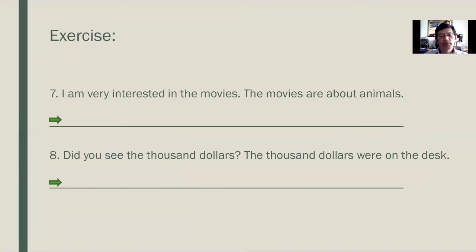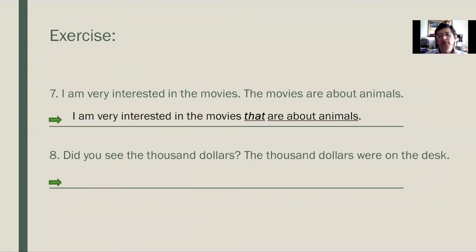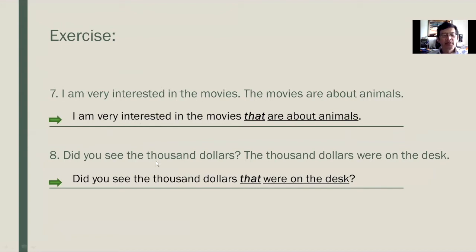The movies are about animals. I am very interested in the movies that are about animals. What about number 8? Did you see the $1,000? The $1,000 were on the desk. Did you see the $1,000 that were on the desk? So these are a little bit simpler than some of the other ones.